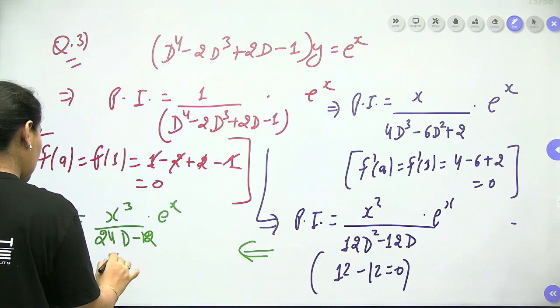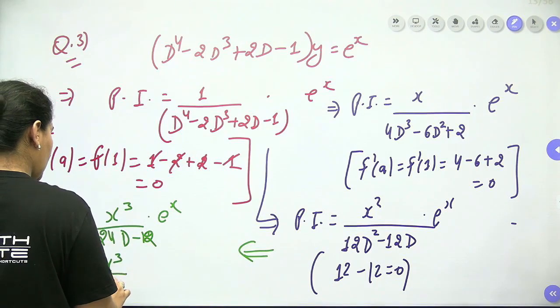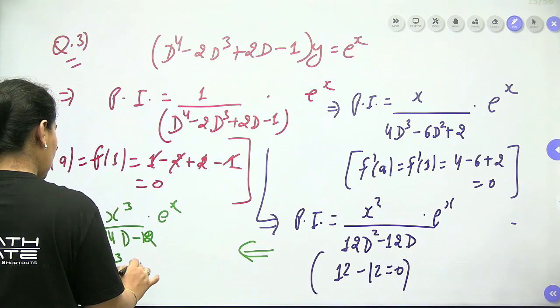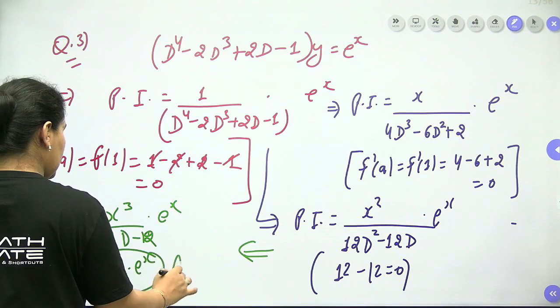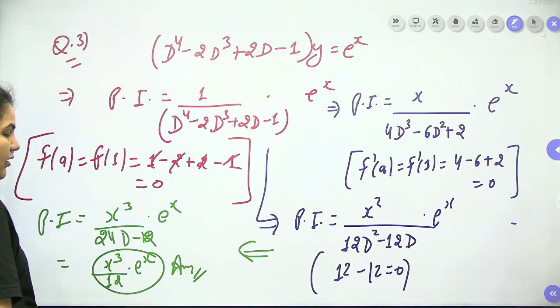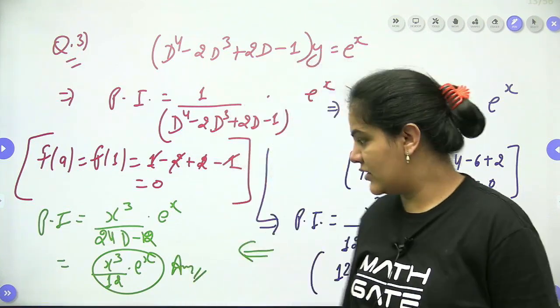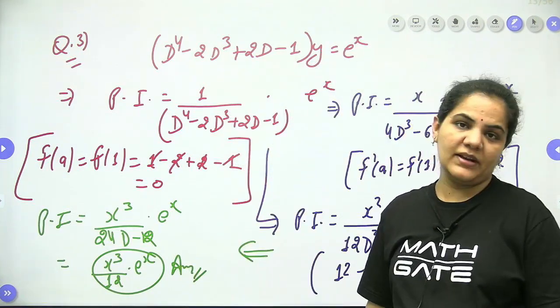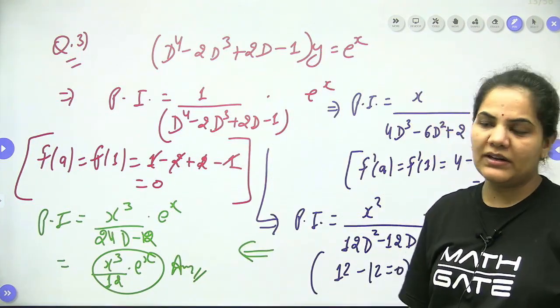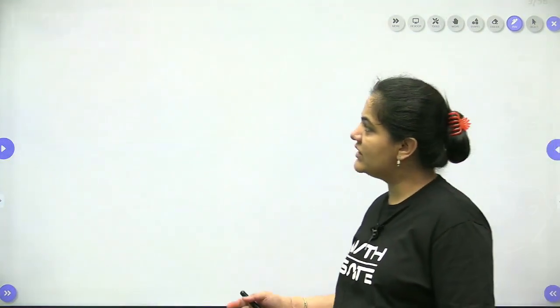So when you approach it, it will be x cube by 24 minus 12, which is 12, into e to the power x. Now finally this will be the final answer because here a is equal to 1 only, guys. So when we approach, it will be x cube by 12 into e to the power x. Clear? So I think you are getting my point how we can approach with these two cases.